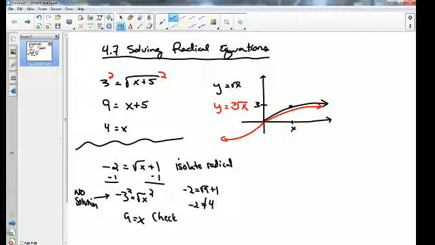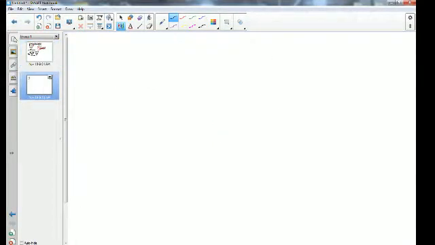A square root cannot ever be negative, right? So be careful. So you can recognize that early. It'll save you some time finding an answer and checking it. You good with that? Absolutely.